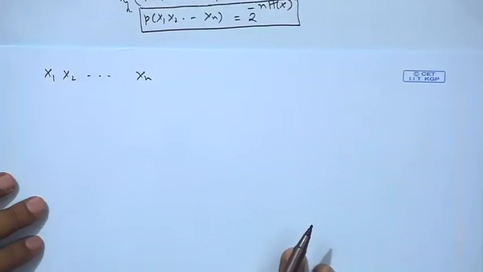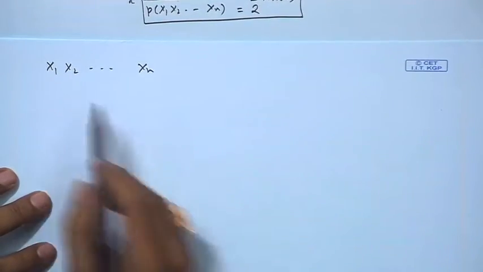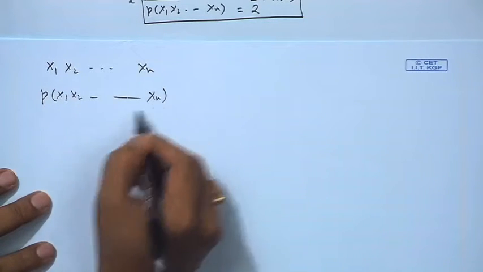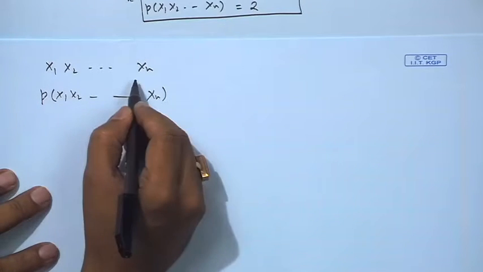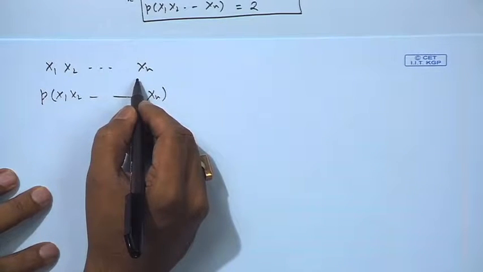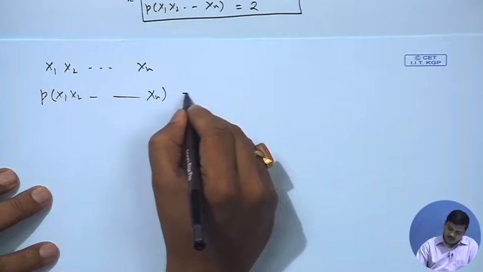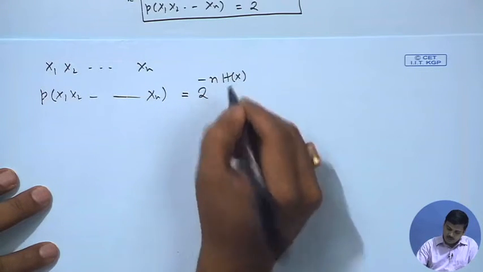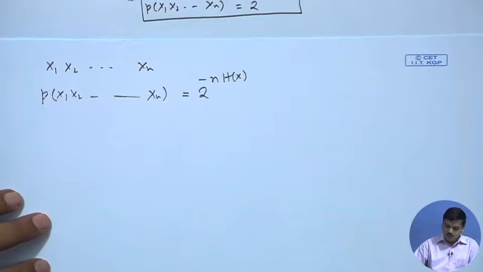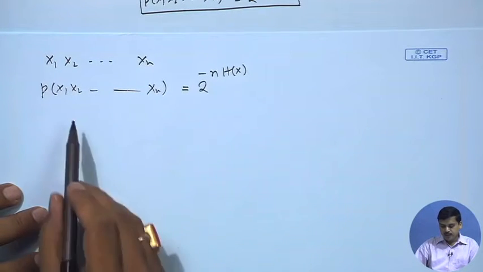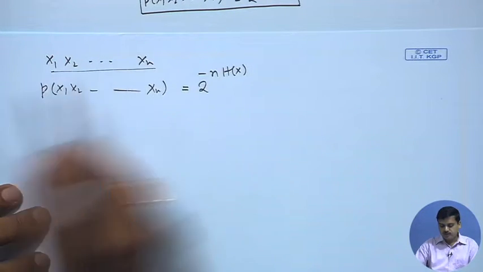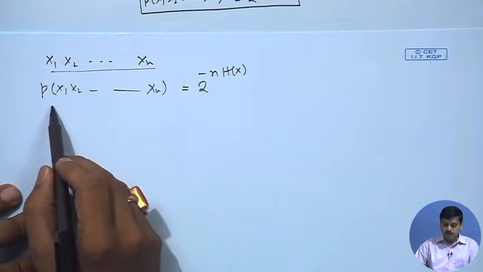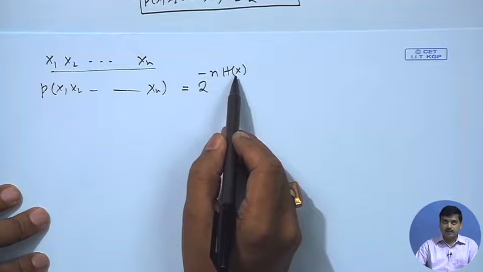So p(x1, x2, ..., xn) is the probability of this particular sequence occurring. And without choosing a particular sequence, we said that this appears to be 2 to the power of minus n h(x). So this means that if I take a random sequence x1 to xn, when n is very large, the probability of that sequence is 2 to the power of minus n h(x).